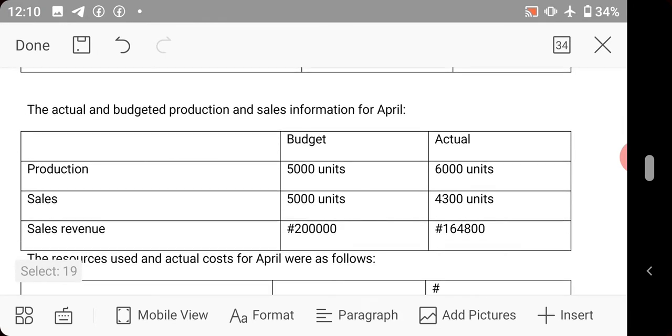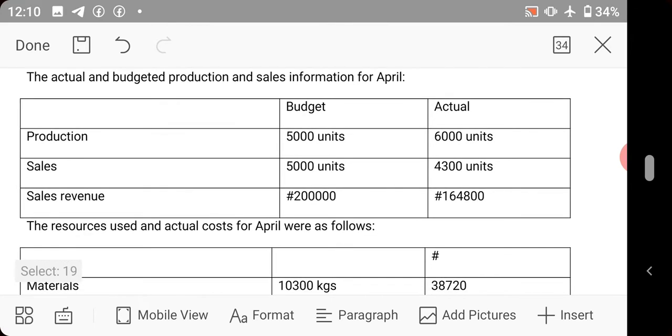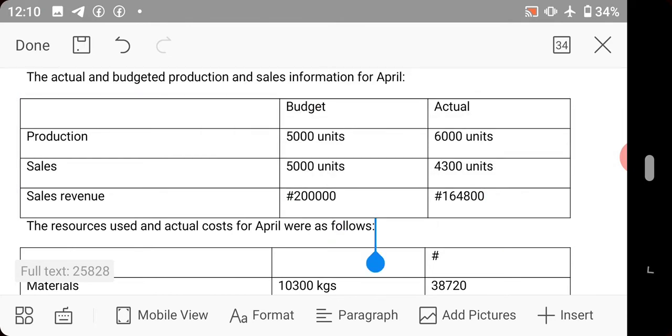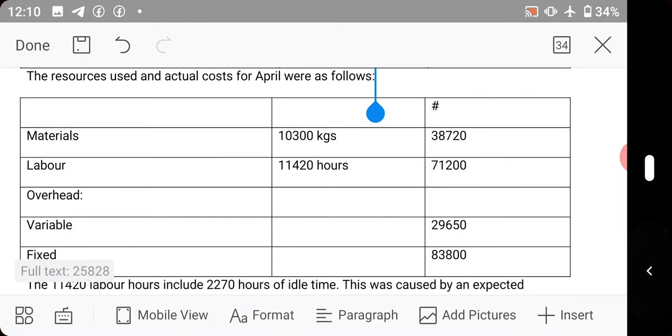Now budgeted units is 5,000 units for production and 5,000 units for sales. Actual is 6,000 units for production and 4,300 units for sales. They gave us the sales revenue as the case may be. We'll continue.